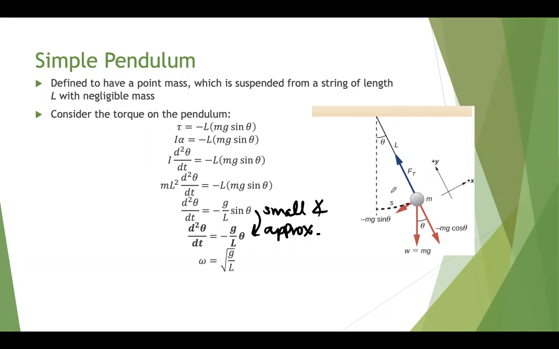From that, we can solve for omega. Omega is equal to the square root of g over L, and so our period is equal to 2 pi square root of L over g.